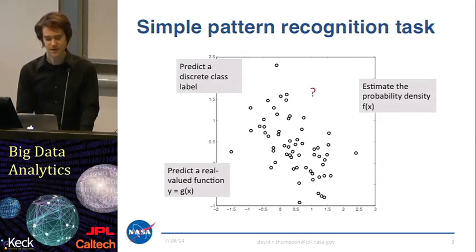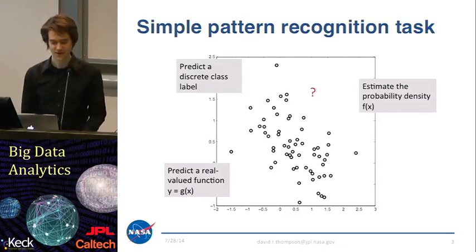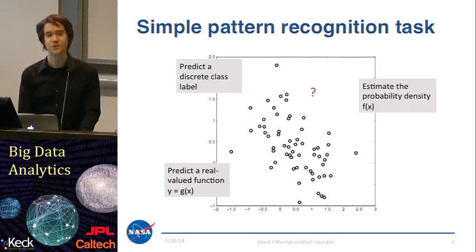Okay, so let's start off with a simple pattern recognition task. Here I've got a data set with a couple of attributes on it, and as pattern recognition folks are wont to do, I've just plotted these, giving each its own coordinate. So this is a two-dimensional attribute space where every data point may have associated with it some class value or some real valued ordinate that we're regressing against, some value that we want to predict.